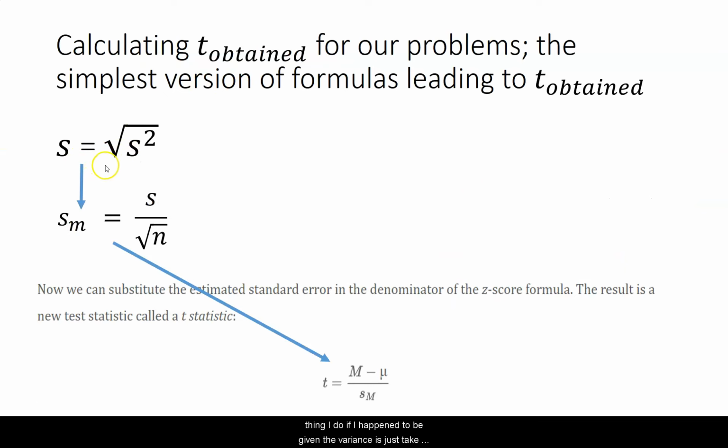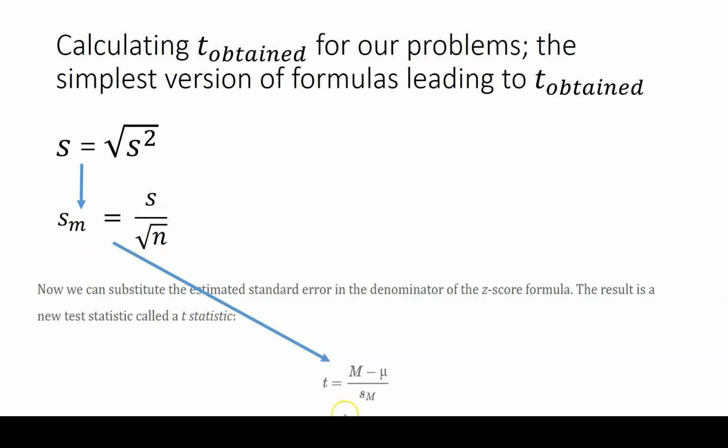The first thing I do, if I happen to be given the variance, is just take the square root of it to get the standard deviation. Although in our cases, I'll always give you lowercase s, so you can almost just skip this part. Then I'm going to plug that sample standard deviation into the numerator here, and of course take the square root of n as the denominator for the estimated standard error.